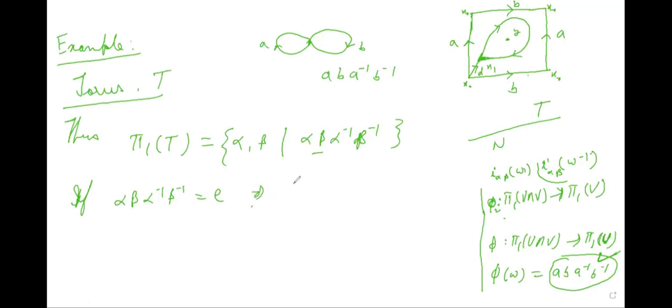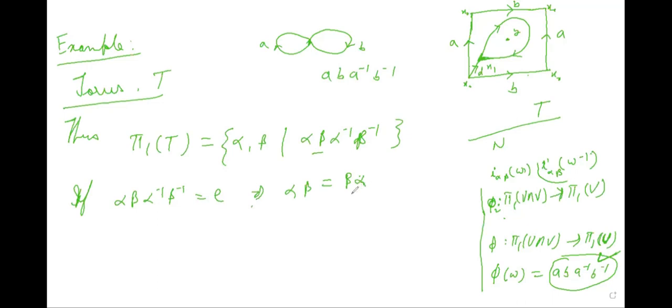This implies you just multiply by beta on the right side first, and then by alpha, then we will have beta alpha. Okay. Now it means that these two generators alpha and beta commute. But if the generators commute, then the group will be commutative, right? If generators are commutative, then the group also will be commutative.